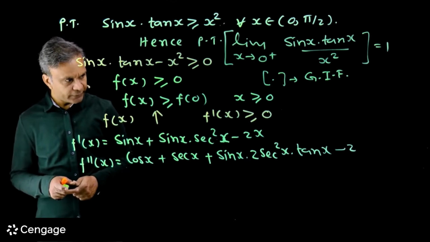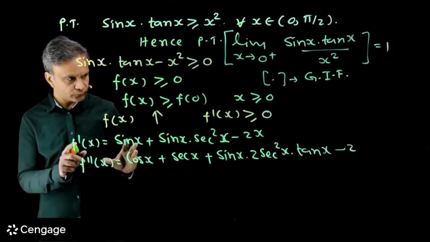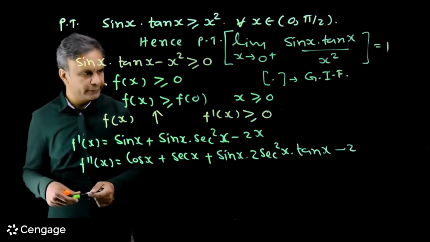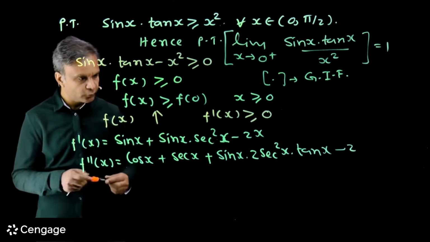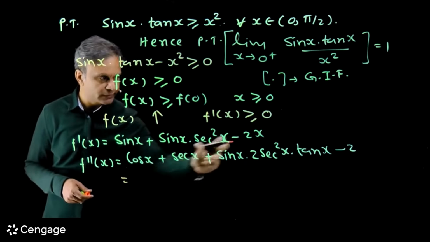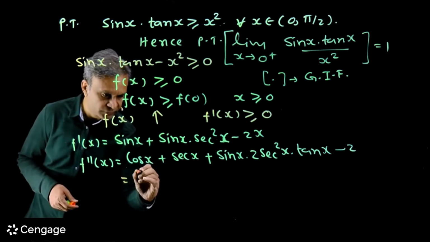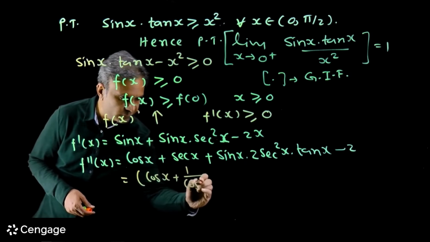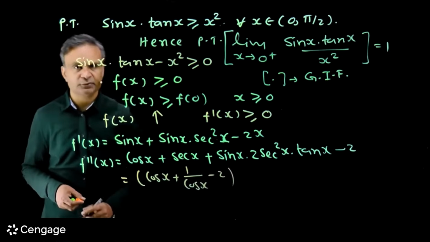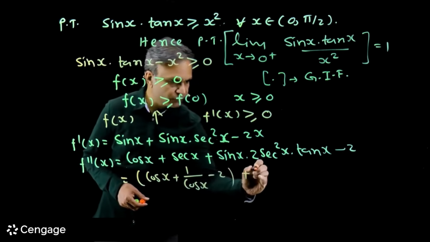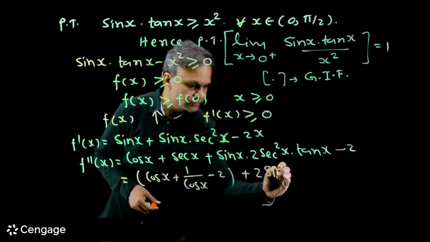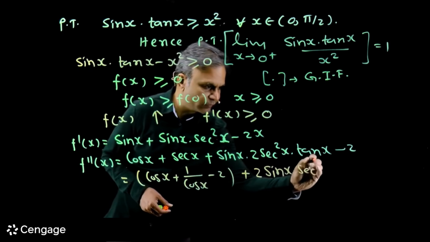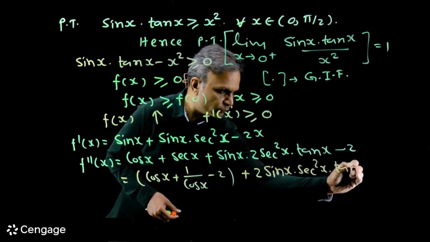We can say, if we group the terms properly, we can group the three terms cos x, second x and minus 2: cos x plus 1 over cos x minus 2, plus we have here 2 sin x second square x into tan x.